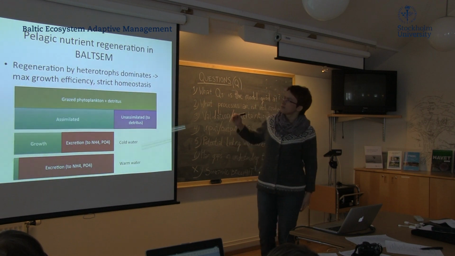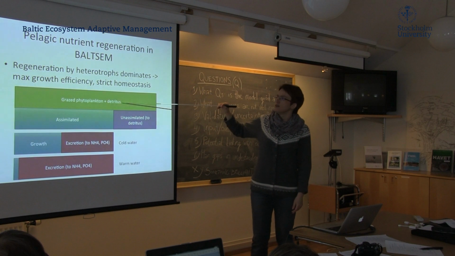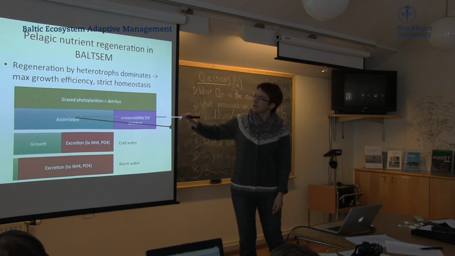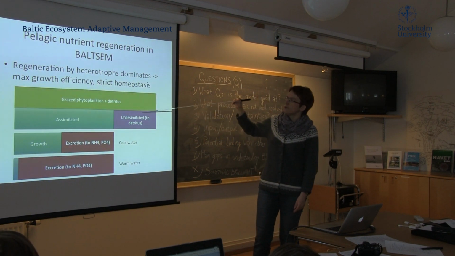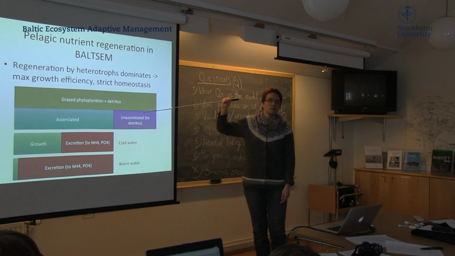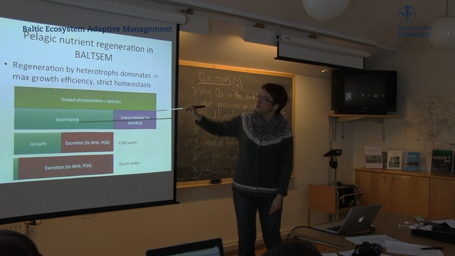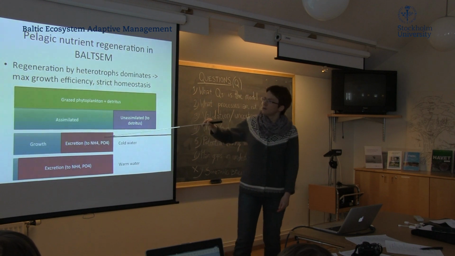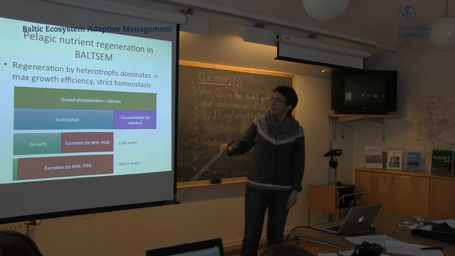So how it works, basically the heterotrophs graze on phytoplankton, and they also consume detritus. And they assimilate part of the food, and about a third goes back to detritus, which is unassimilated, undigestible, and so on. Of the assimilated part, some is used for growth, and the rest is excreted as ammonium and phosphate to the water column.